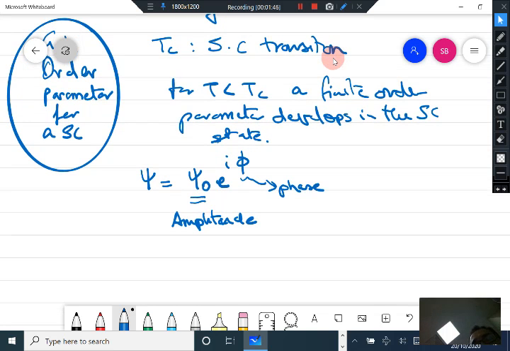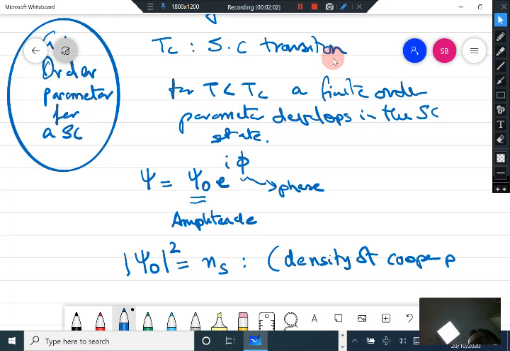Okay, what does this amplitude represent? The order parameter amplitude, mod of psi naught squared, represents the density of Cooper pairs which are present inside the system, the density of Cooper pairs in the superconductor.